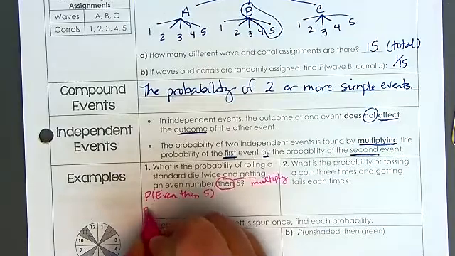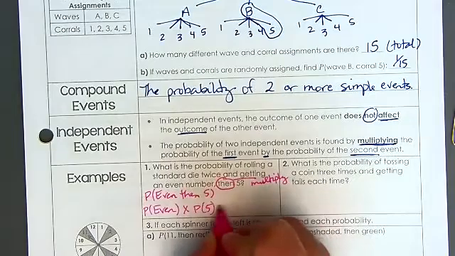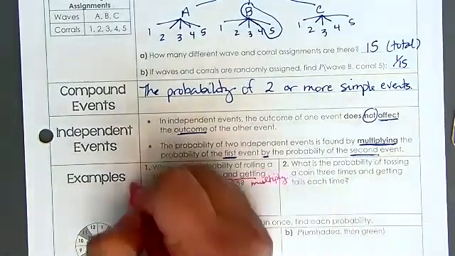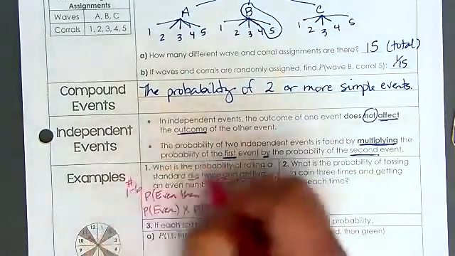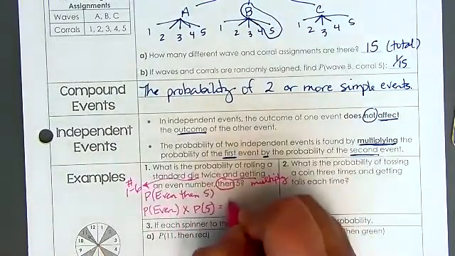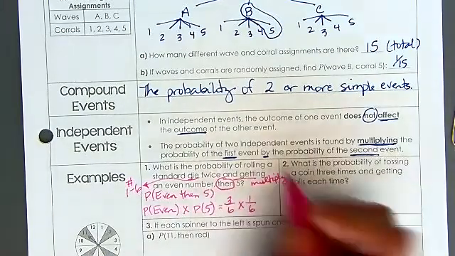So I do the probability of even times the probability of 5. I've got a dice, which means the numbers 1 through 6. For it to be even, that's 3/6, times how many 5s? 1 out of 6.